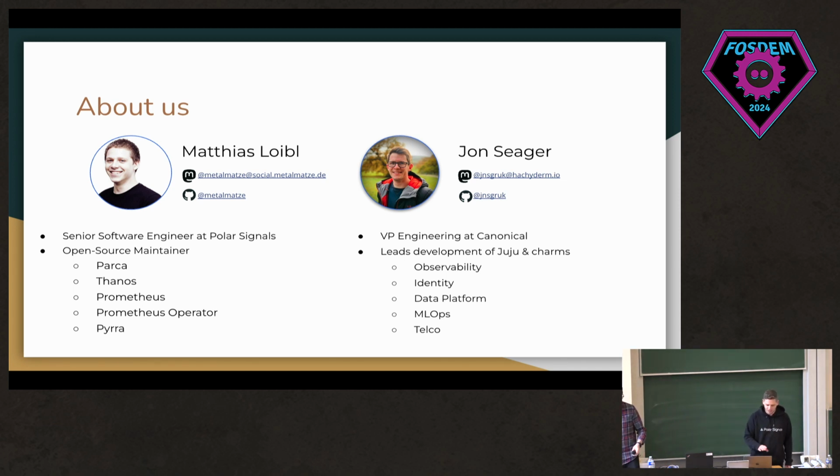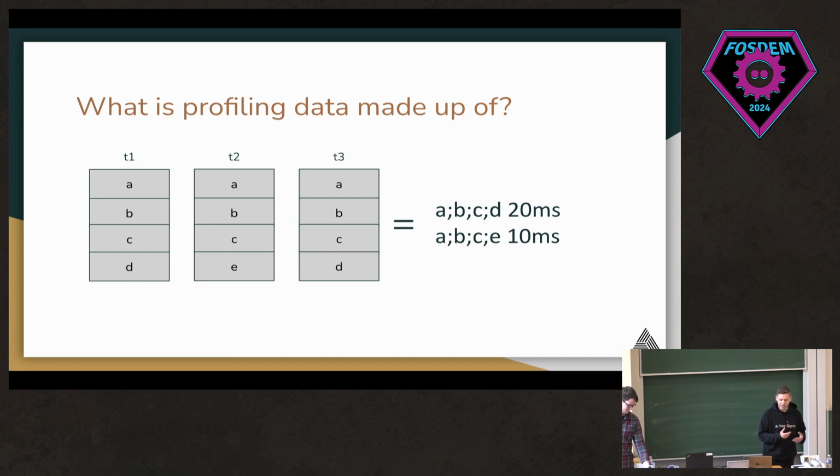But before I do that, let's talk about profiling again, or what profiling data is made up of. You can see these points in time, T1, T2, T3. At some point in time, we want to look at the current stack trace, what the program state looks like.